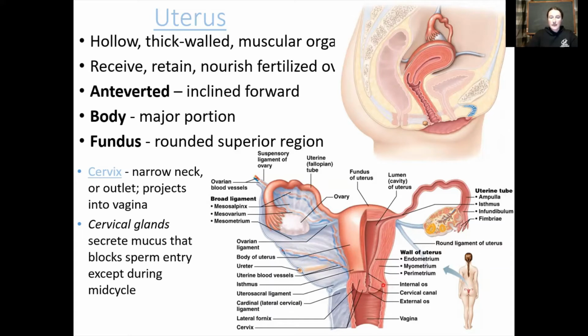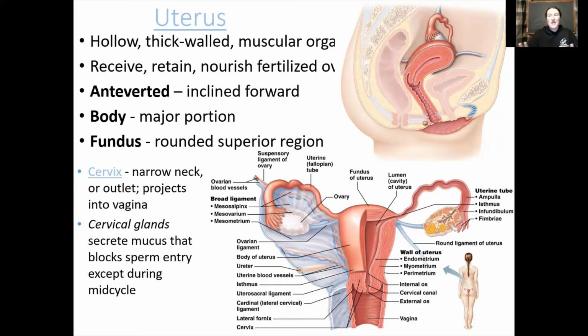Surrounding the cervix here are a series of cervical glands, and these glands are tightly controlled by different hormones that are circulating within the female's body. So at different points during her monthly cycle, menstrual cycle, as well as uterine cycle, as well as ovarian cycle, we'll get into that here soon. But essentially, these cervical glands can secrete mucus that either promotes sperm entry or prohibits sperm entry.